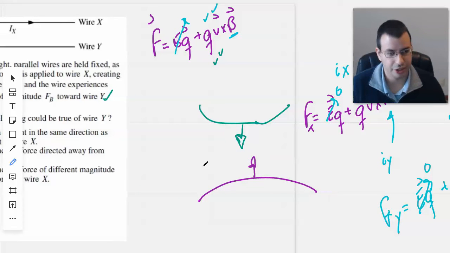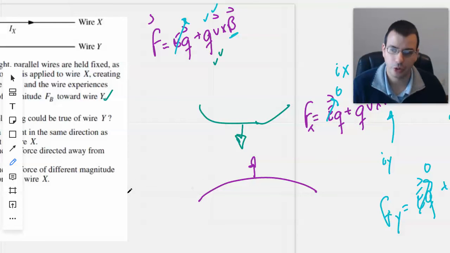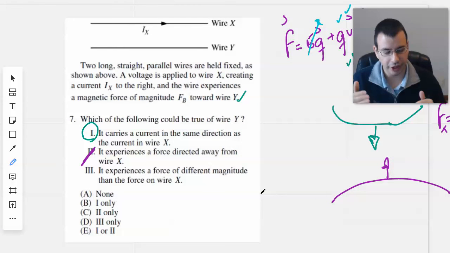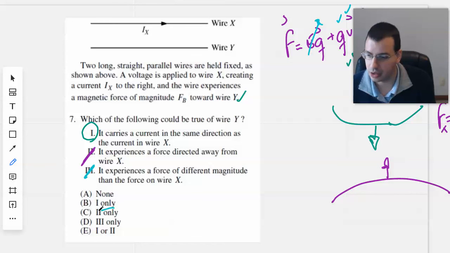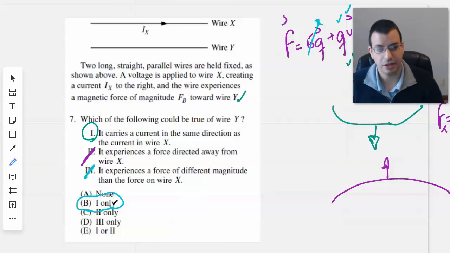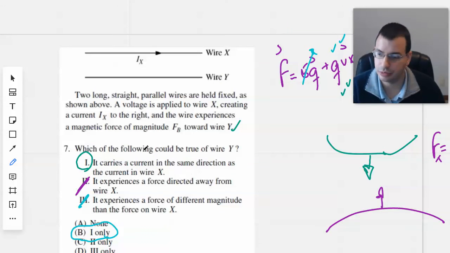You could also go back to Newton's laws, where they say equal and opposite reaction in terms of forces. So 3 cannot be true. And you're left with B as the only possible answer. Or, I guess, 1.